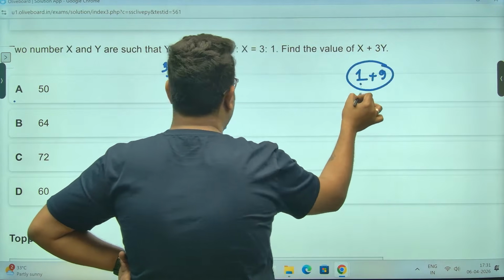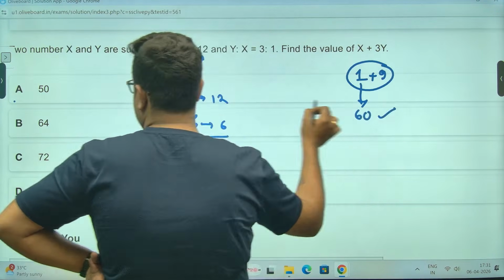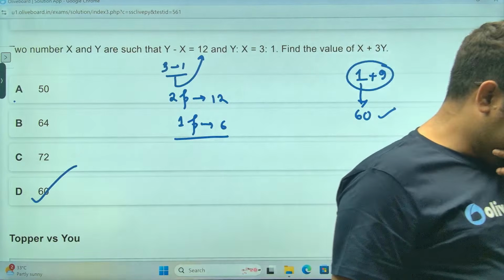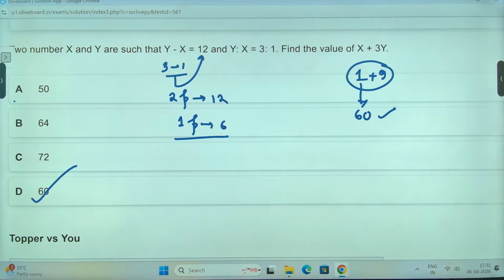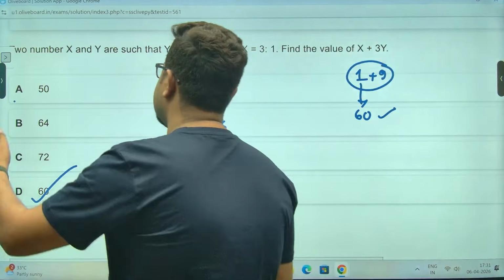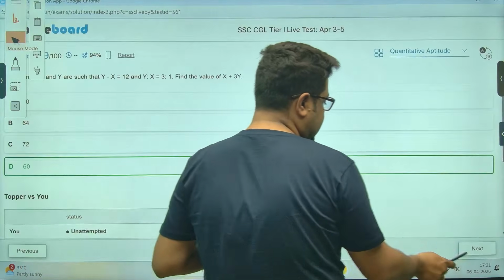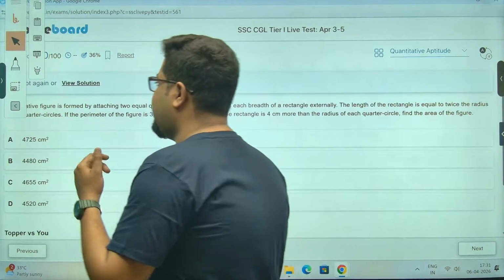Total 10 parts value will be, sir, 60. Answer done, sir. Option D is your correct answer. Moving on, any problem, any doubts, please feel free to ask.